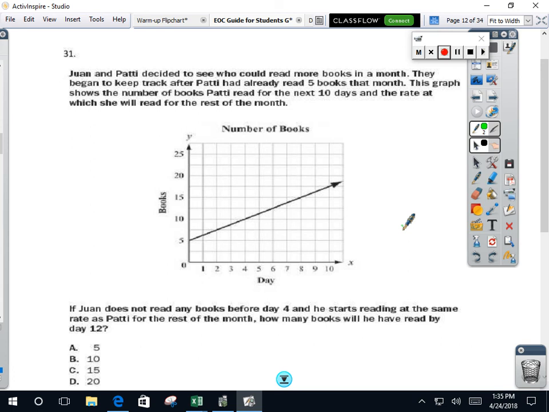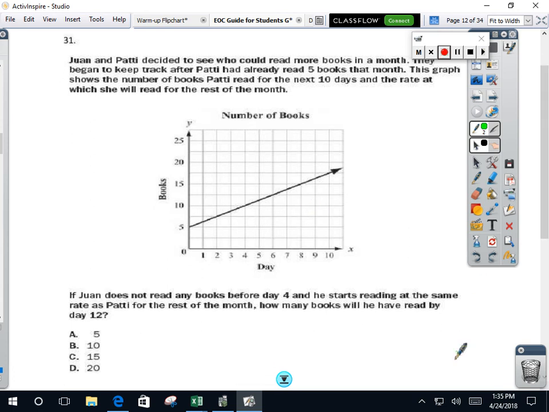Any other guesses? Once Zaire makes it to her seat, I'm going over it.